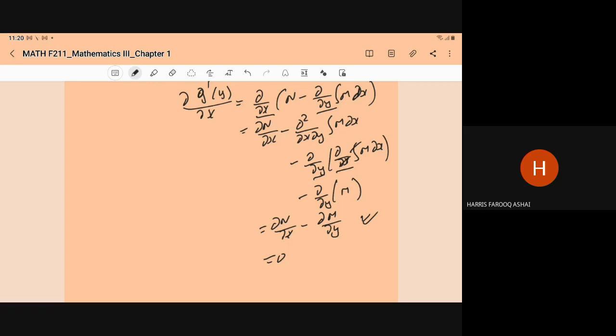They are commutative. Clear? Still any doubt?